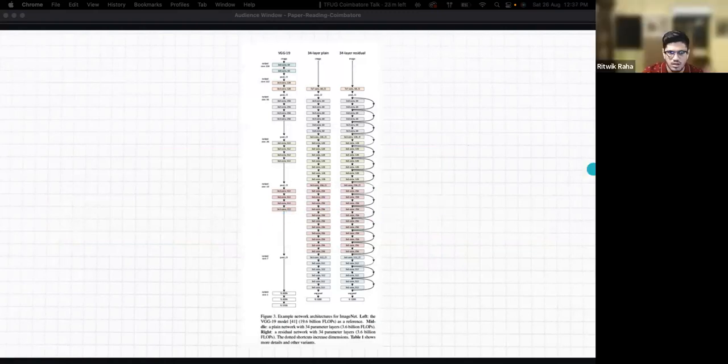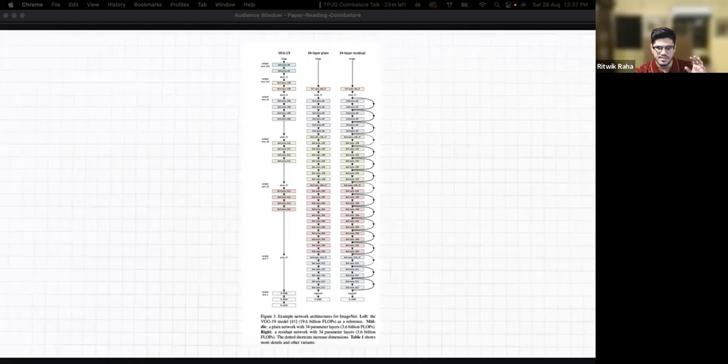On the very left is the plain network, which is inspired by the philosophy of VGG nets, which came before ResNets. It has convolutional layers, mostly with 3x3 filters, and follows two simple design rules. For the same output feature map size, the layers have the same number of filters.